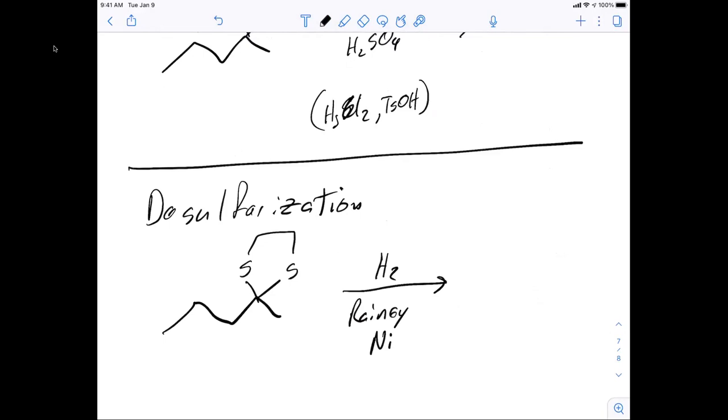So it's a special way of treating nickel to make a catalyst. What happens here is the nickel reacts with sulfur in a particular way, which reduces the cyclic thioacetal to the alkane.